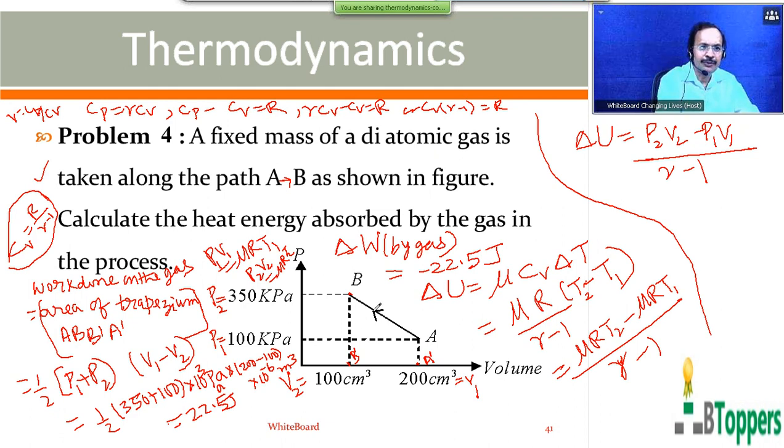We can substitute all the given values. P2 is equal to 350 kilopascal, that is 350 into 10 cube pascal in SI units. V2 is the final volume of the gas, that is 100 cubic centimeter, that is 100 into 10 power minus 6 cubic meter.